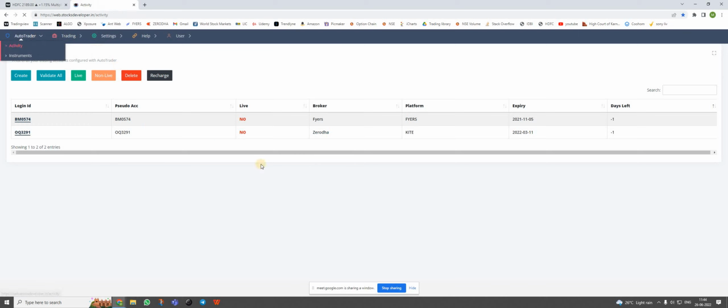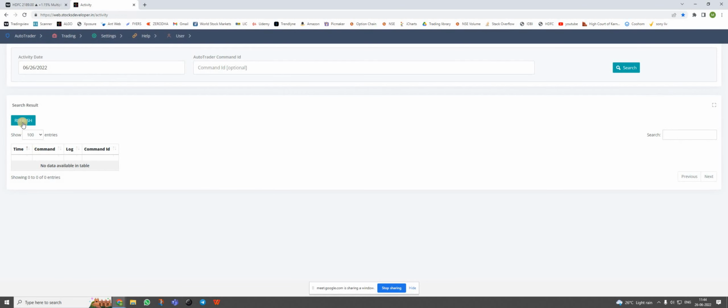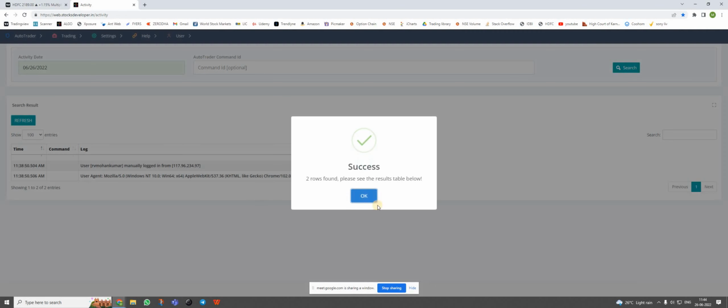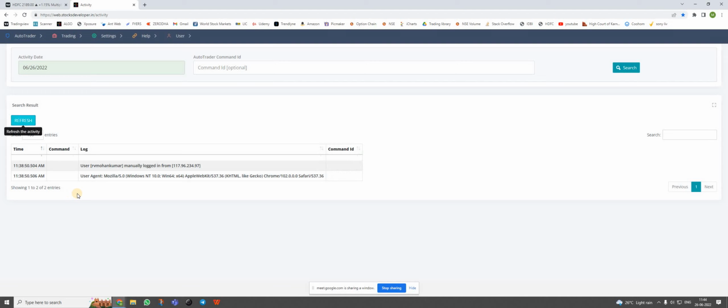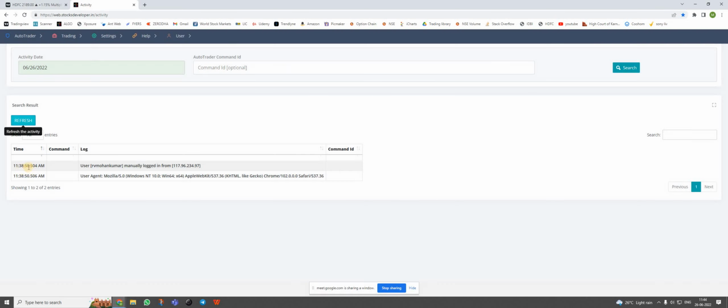Like the activity, if you take for example, it will show here user logged in, then buy signal initiated, buy position taken, like that.